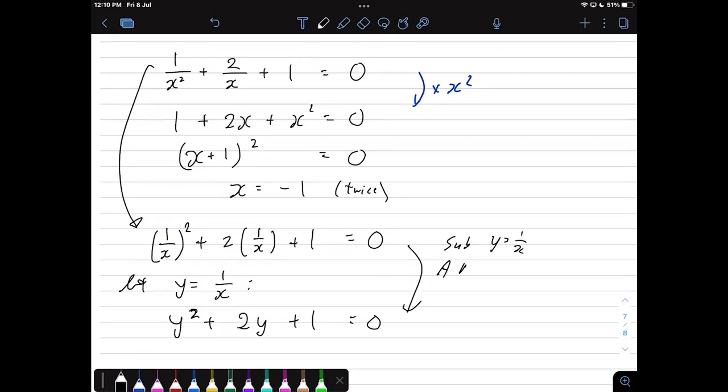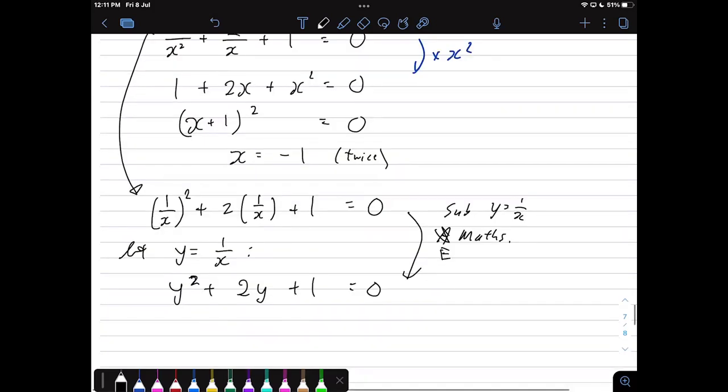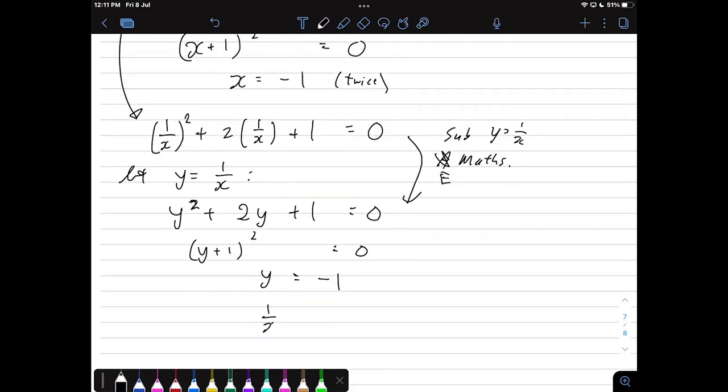This is from Emax, one of the difficult questions. Then you get a quadratic in y. Then you can solve for y. You get y plus 1 bracket squared equals 0, so y equals -1. And then you get what? 1 over x. Remember, after you do a substitution, you cannot stop there. You have to sub back in with 1 over x. I was hoping that you remember this kind of question, so I can link it back to this idea of replacing the y back with an expression in terms of x. So flip it around, you still get -1.